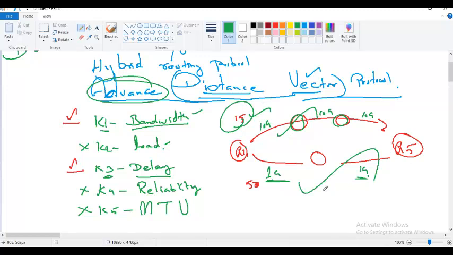When we come to CCNP, I'll give you a nice example with VPN. Then RIP is good because you're focusing only on hop count. But in some situation, you want to focus on bandwidth and delay. Then EIGRP is best in that environment. So depending on your requirement, that is why we learn all protocols. We will use whatever suits your requirement.